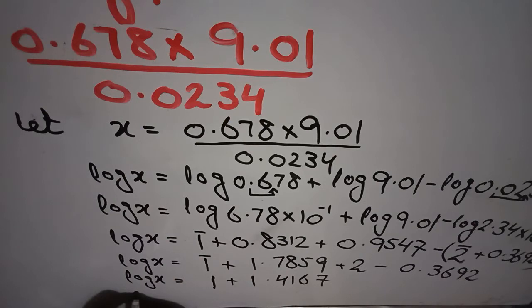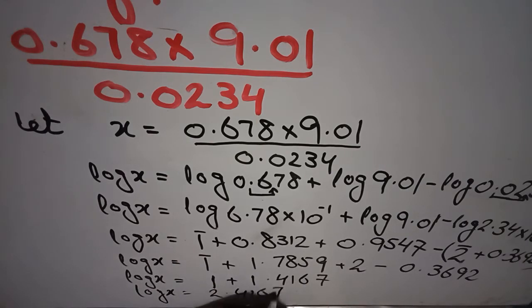Now by adding, 1 plus 1.4167 will become 2.4167. So you have to find the value of x.